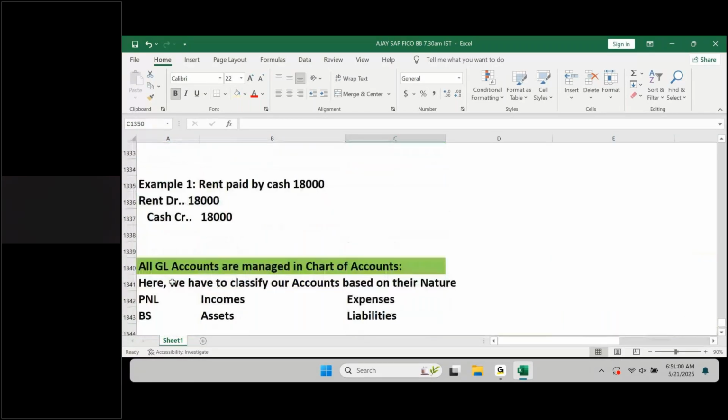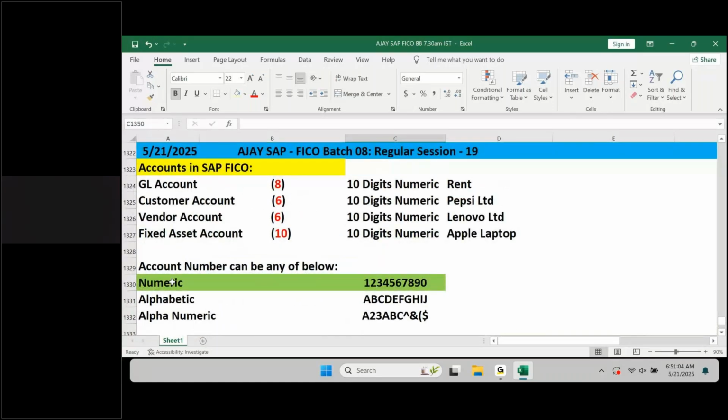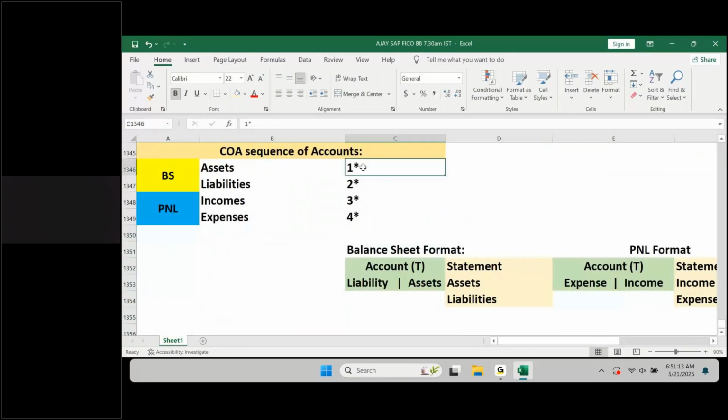What can we understand by looking at this? In our example, for the chart of accounts, how many digits have we taken for the GL account? It's 8 digits. So this asset GL number should be how many digits? 8 digits.